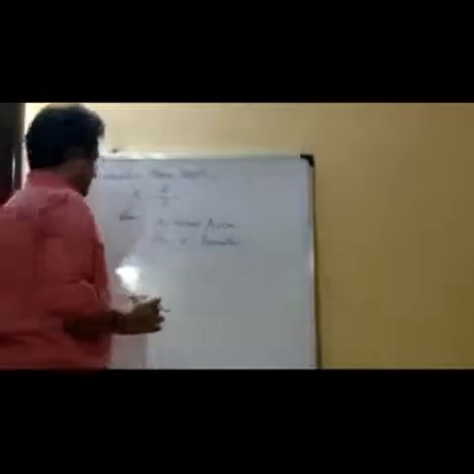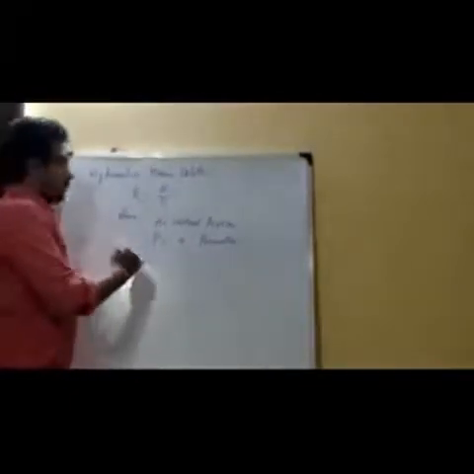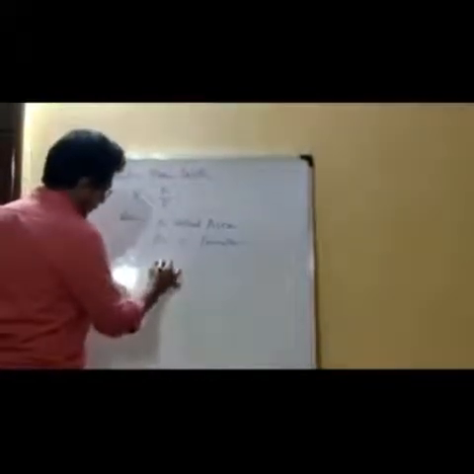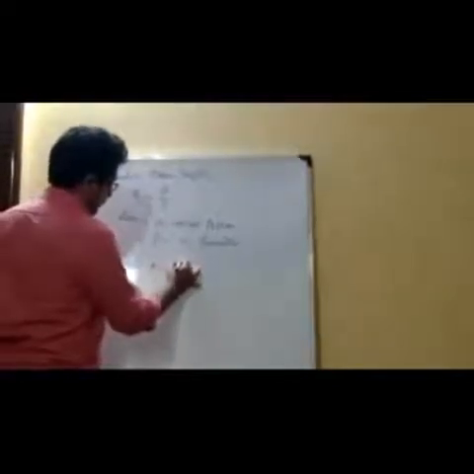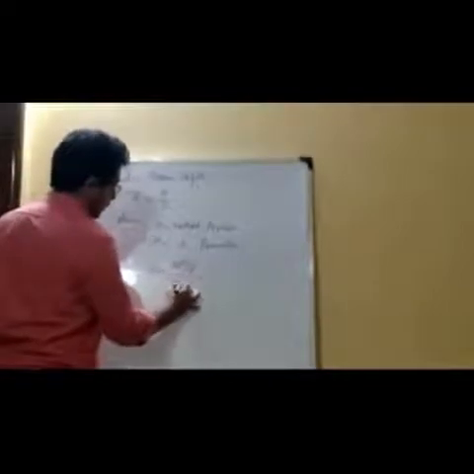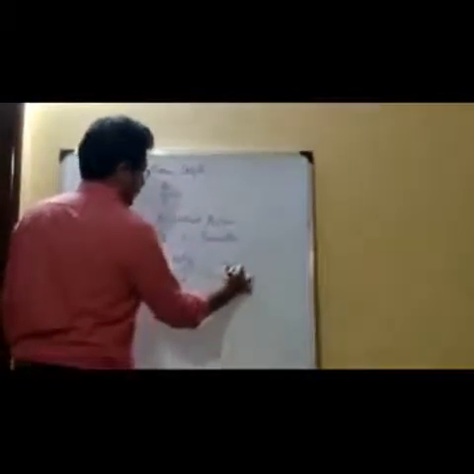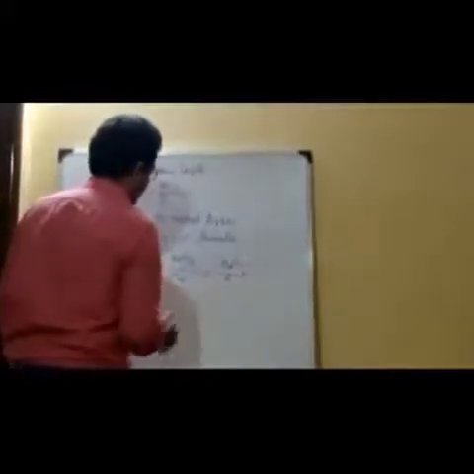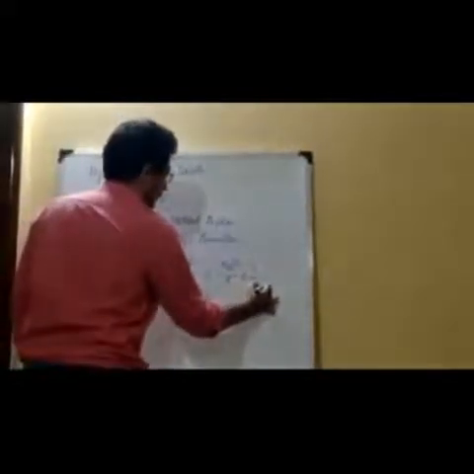Suppose there is a pipe which is fully filled with water, then A should be pi d square by 4 and P should be pi d. That means pi d square by 4 into 1 by pi d.